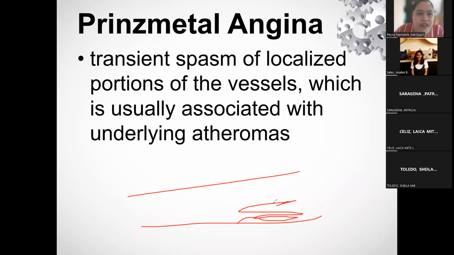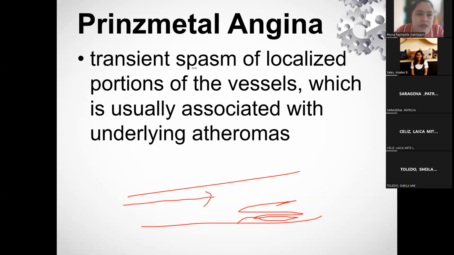Now, pag mag-undergo ng spasm, portions of these blood vessels will contract. So, yung contraction is mabilis and it will impede blood flow. Remember, pag nag-contract na siya nang napakabilis, paano na yung blood flow dyan? Okay? Magkakaproblema with the blood flow.